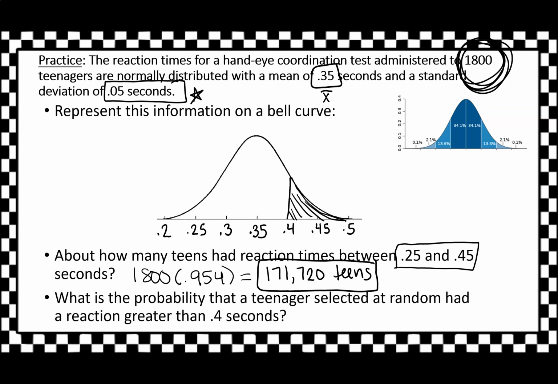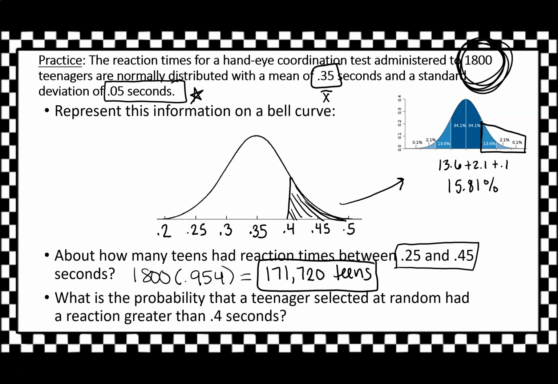And so if I go back over here, I'm looking for being 1 standard deviation away, right here, all the way to the right. So I'm looking for it to add up those right there. And I do that, I add up 13.6 plus 2.1 plus 0.1, and I get roughly 15.81%.